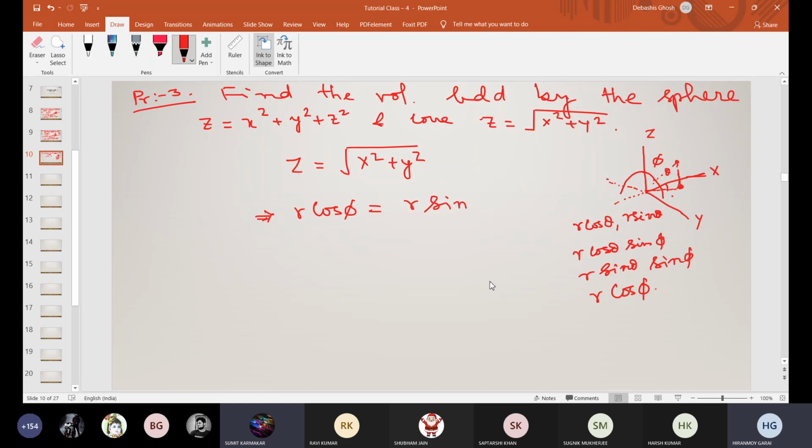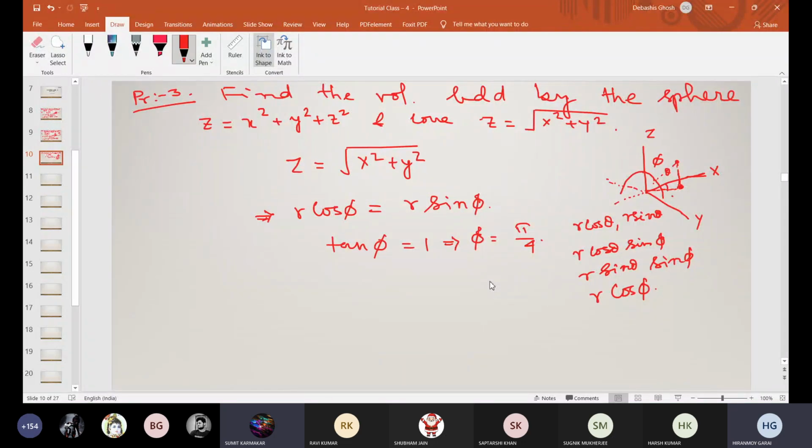So sine by cos comes to tan, tan phi equals 1, which implies phi is pi by 4.